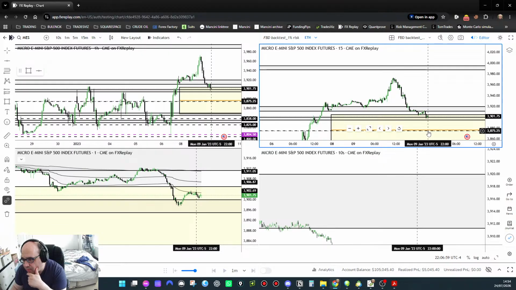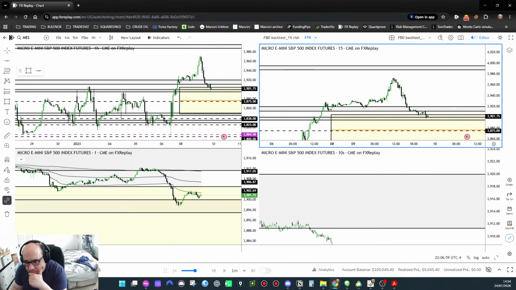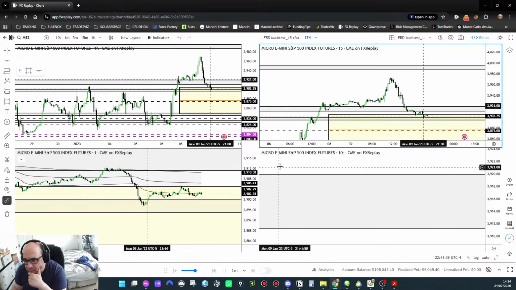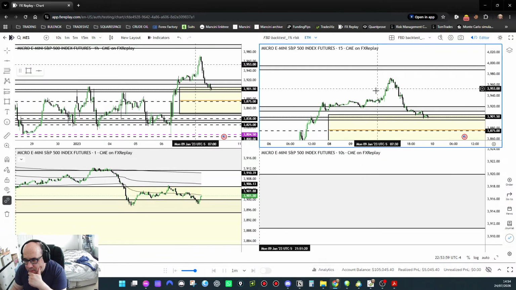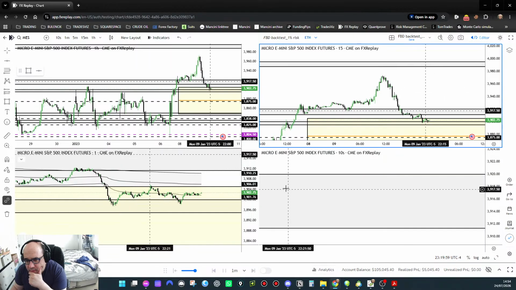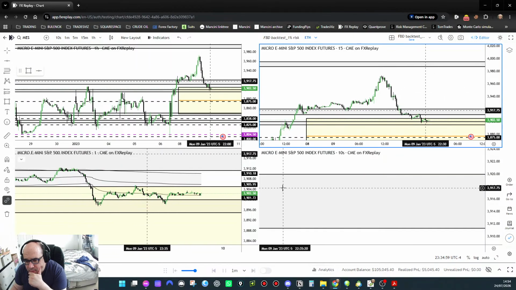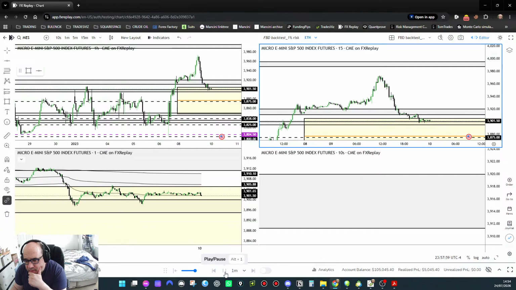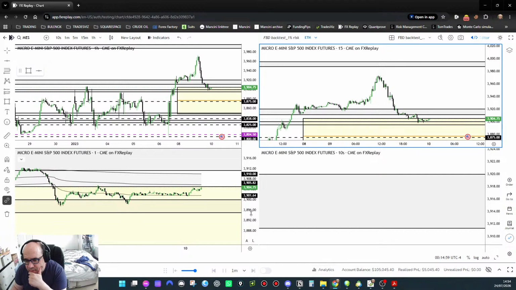And then if it does a fair breakdown, then we'll take the longs. So we see the level still holds firm for the moment.